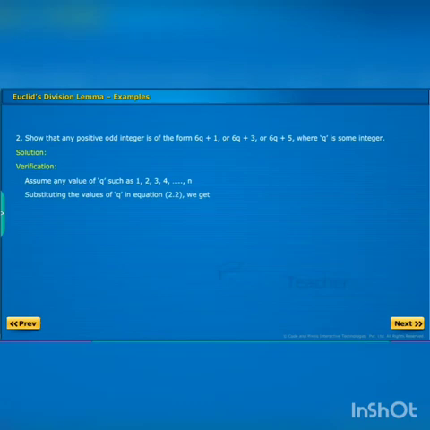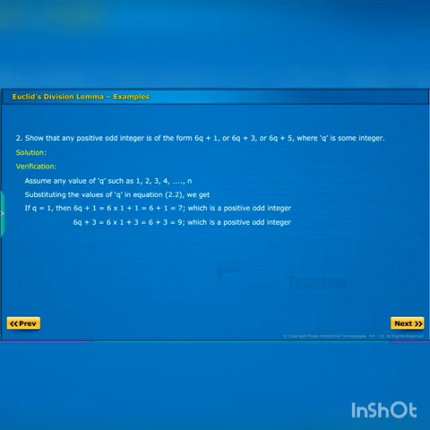Substituting the values of q in equation 2, if q equal to 1, then 6q + 1 is equal to 6 × 1 + 1, which is 7, a positive odd integer. 6q + 3 is equal to 6 × 1 + 3, that is 9, a positive odd integer. 6q + 5 is equal to 6 × 1 + 5, that is 11, a positive odd integer.